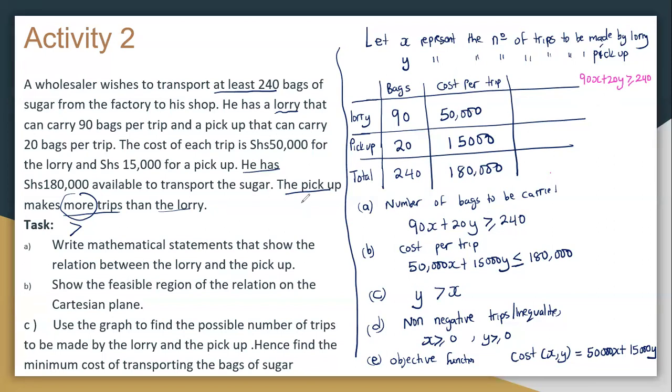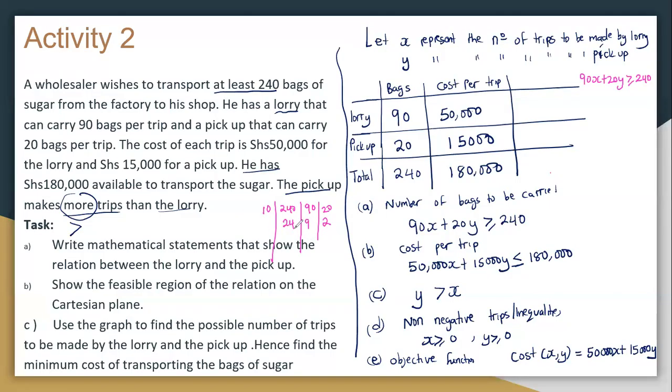You can say 90, 20, and then 240. Which figure can I start with to divide? Maybe I can start from 10. I'll have 24, I'll have 9, I'll have 2.